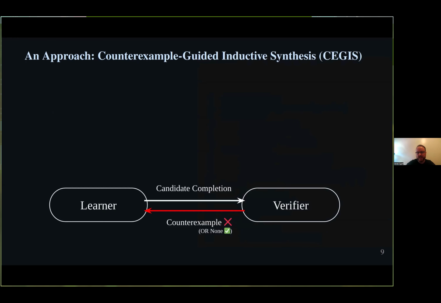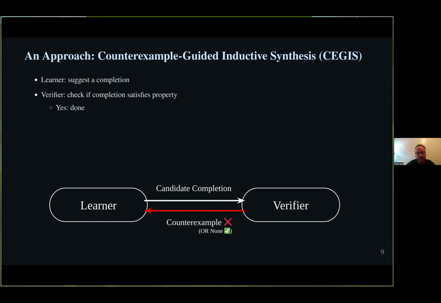And this kind of suggests a certain approach to doing synthesis, which is counterexample guided inductive synthesis, or CEGIS. So at the bottom of the slide, we have a sketch of that architecture. The way it works is that the learner is going to suggest a completion. The verifier is going to check if that completion satisfies the property. If it does, we're done.